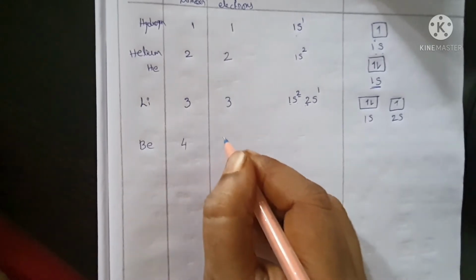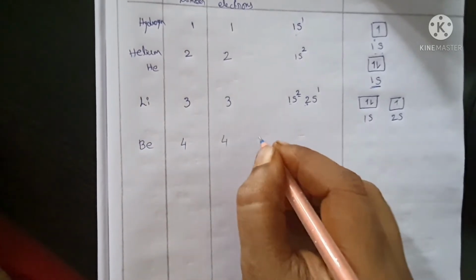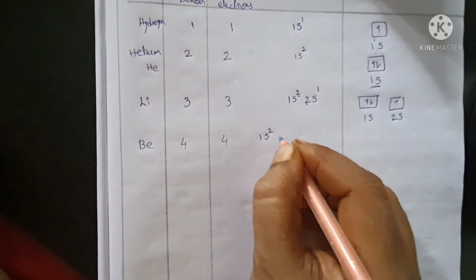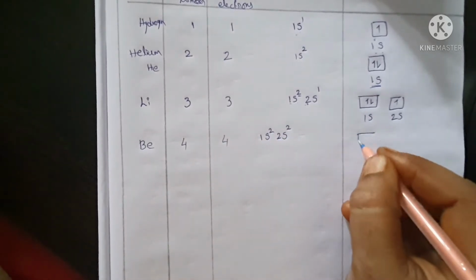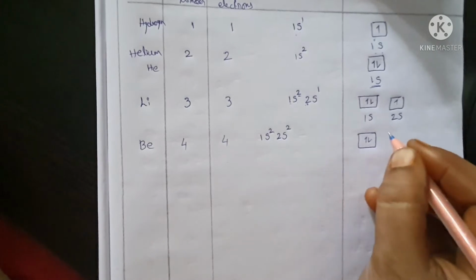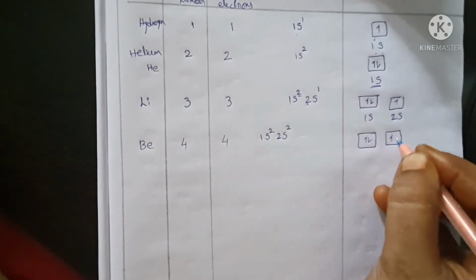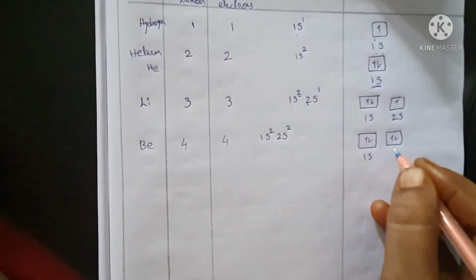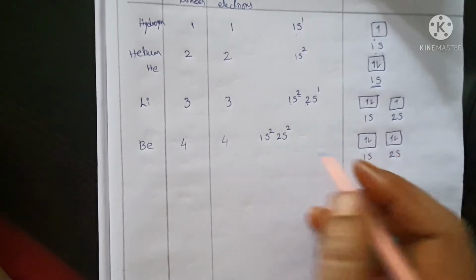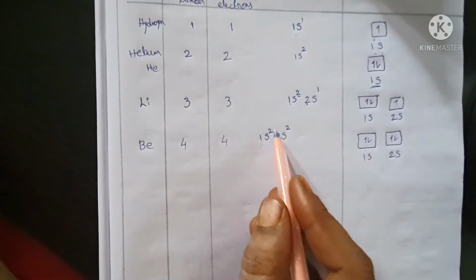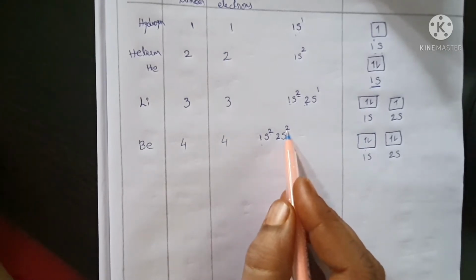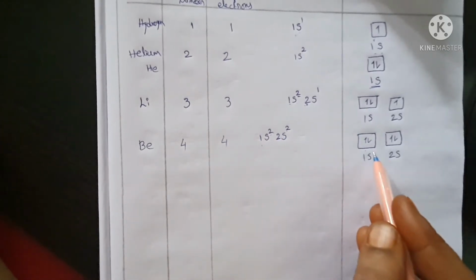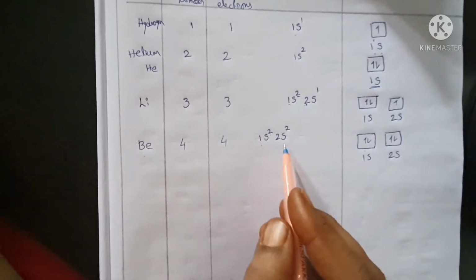Atomic number is 4, number of electrons is 4. Representation is 1s2, 2s2. In 1s there are 2 electrons, in 2s there are 2 electrons, so the total number of electrons in beryllium is 4.